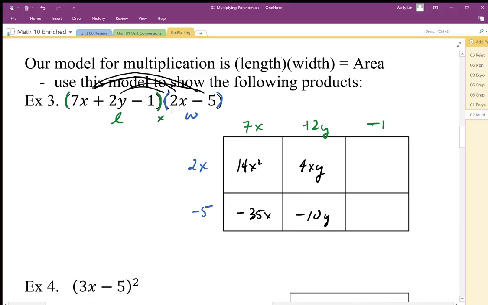And then I have my distribution here. The negative 1 distributes to the 2x, and it distributes to the negative 5. So negative 1 times negative 5 gives me positive 5. And then I can combine my like terms if I have any.